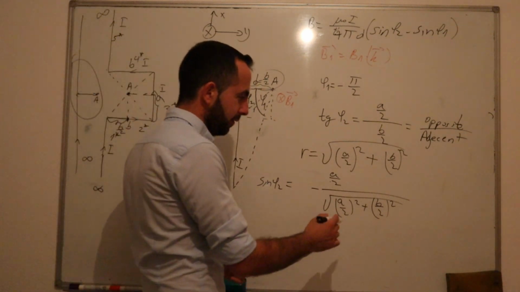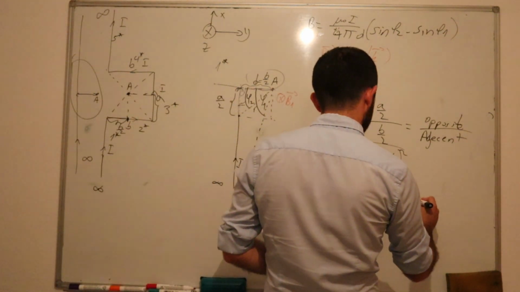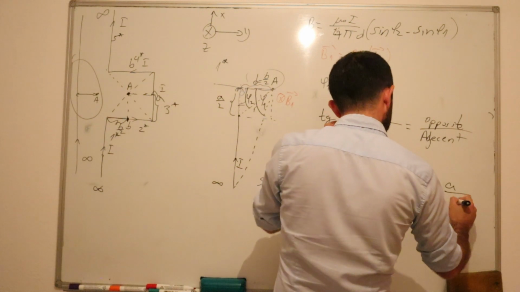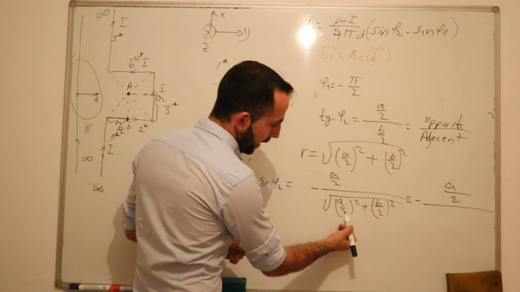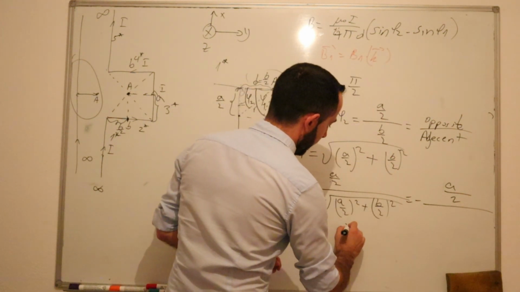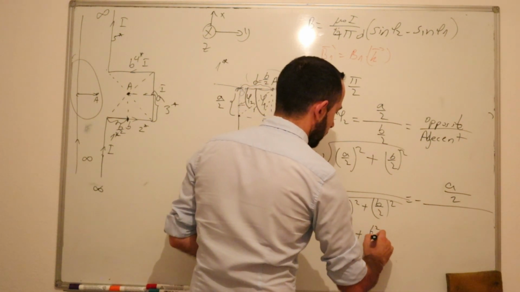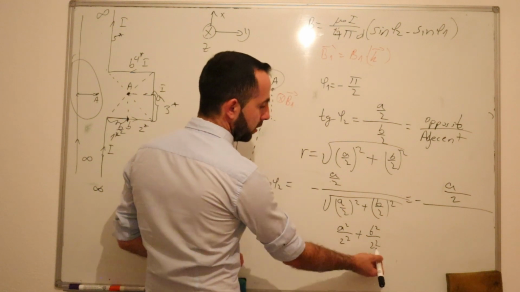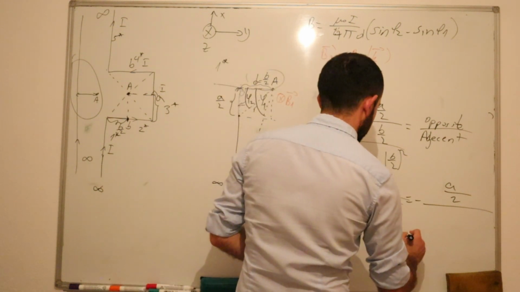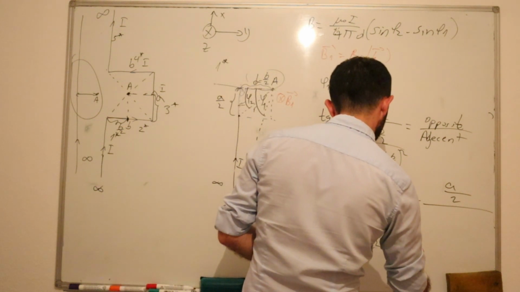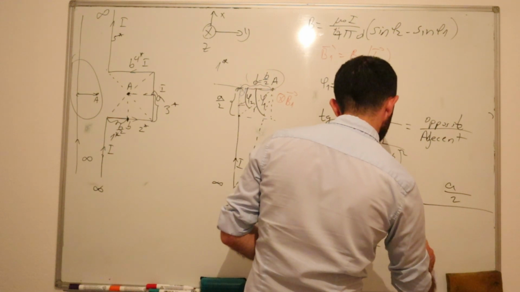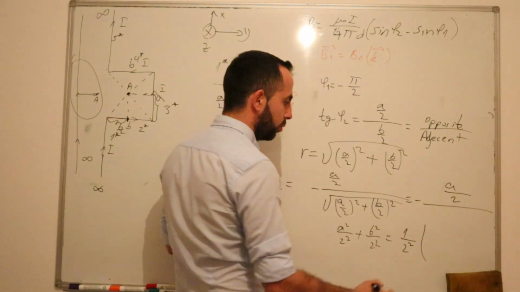Well, how can we make it a little bit simpler? Here we have a squared over 2 squared plus b squared over 2 squared. We have a common factor, and we can take it out in front. So what will we have here?